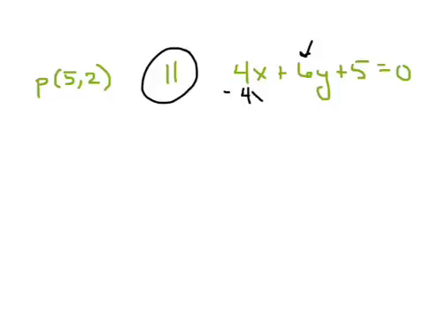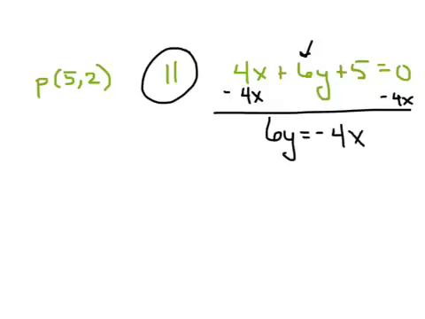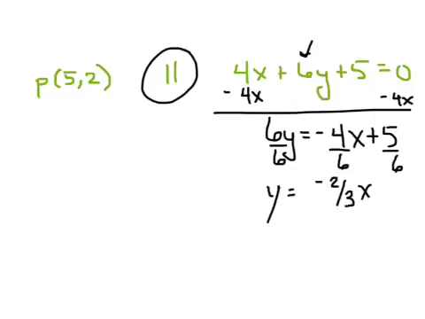So I'm going to subtract 4x from both sides. I get 6y equals -4x plus 5, and then I'm going to divide everything by 6. Realistically, the only thing I'm focusing on is the slope. I don't really care about the other part because they're not going to ask us to graph it. I'm mainly focused on that -2/3.